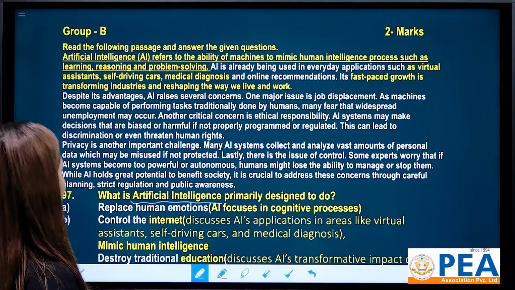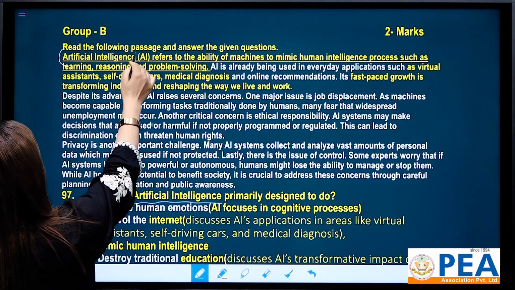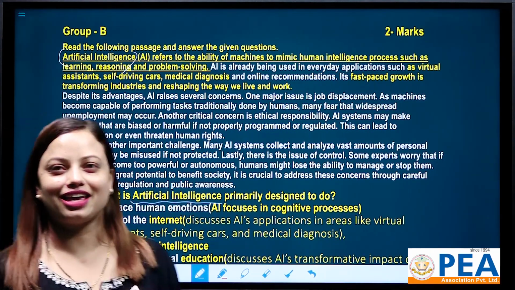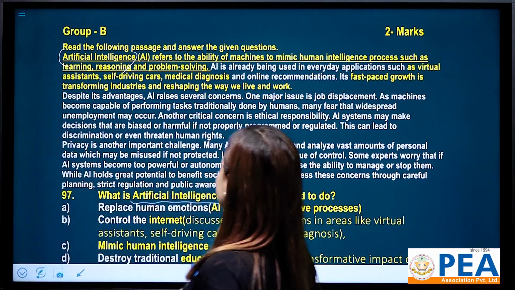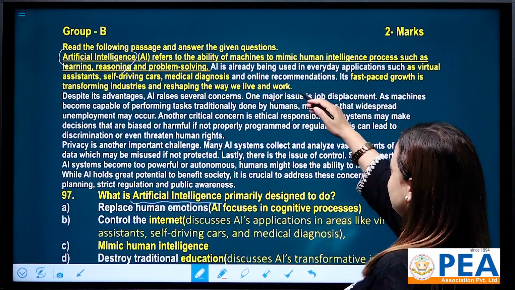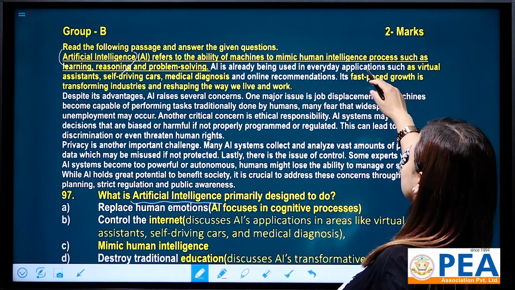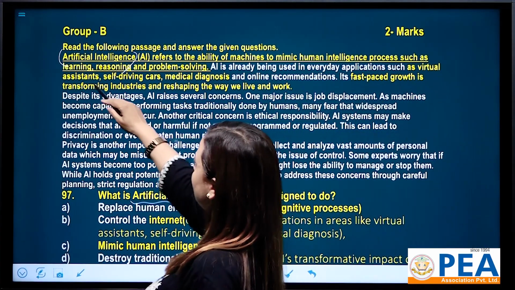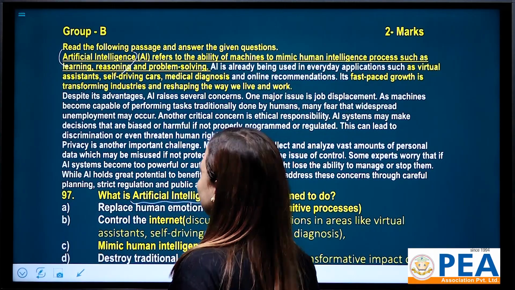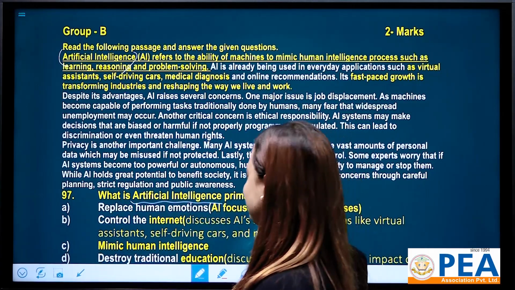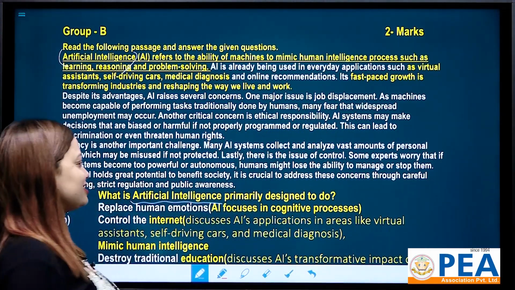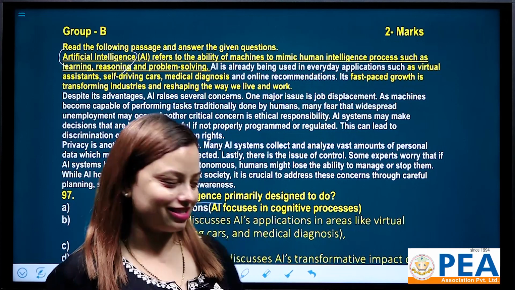Let's read this sentence. Artificial intelligence, AI, refers to the ability of machines to mimic human intelligence processes such as learning, reasoning and problem solving. On the basis of this highlighted sentence, I can say mimic human intelligence is the correct answer here.